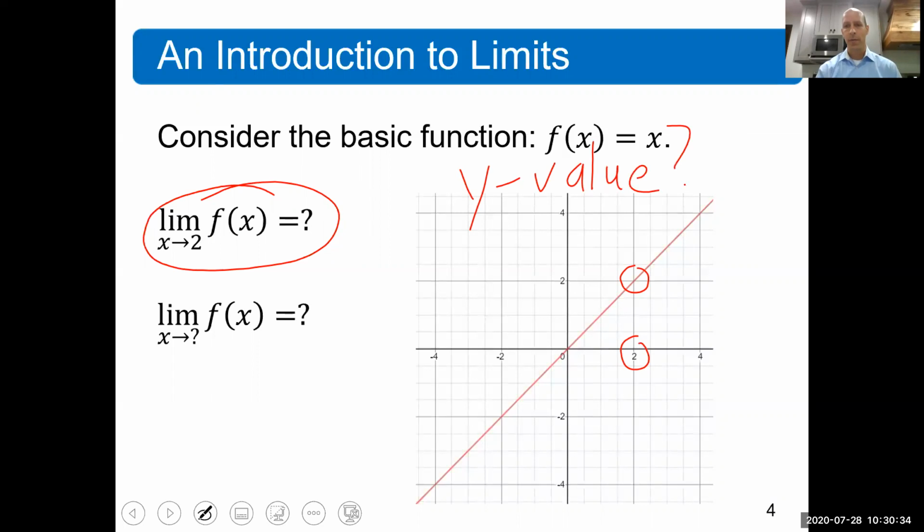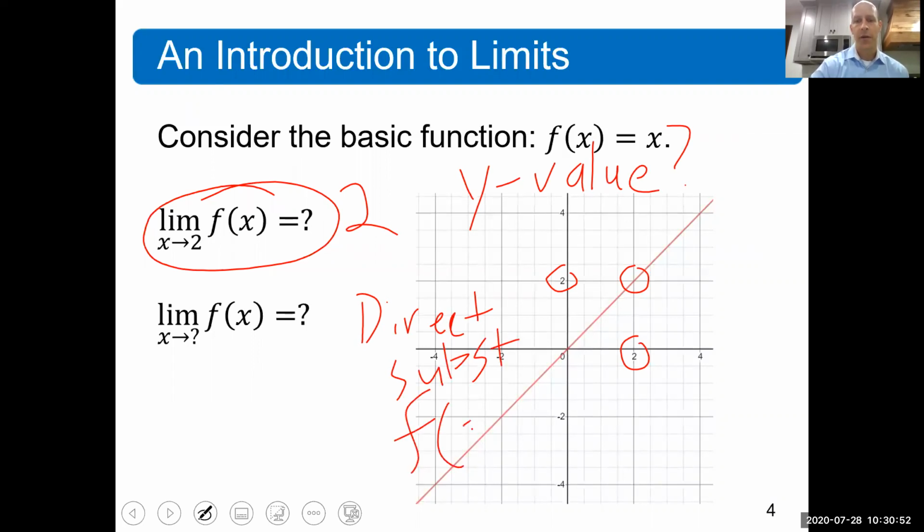I would hope you would guess that it's 2. And you'd be exactly right. In fact, you could have done something called direct substitution to evaluate this limit. In other words, you could have just done f of 2, and f of 2 is 2.